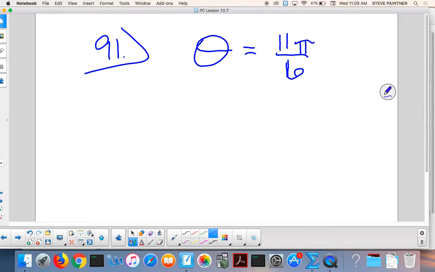You have to make theta look like... Well, if you want it to be x's and y's, if you get theta to be tangent of theta, you can just call it y over x. Well, what do you do? What do you do to both sides?